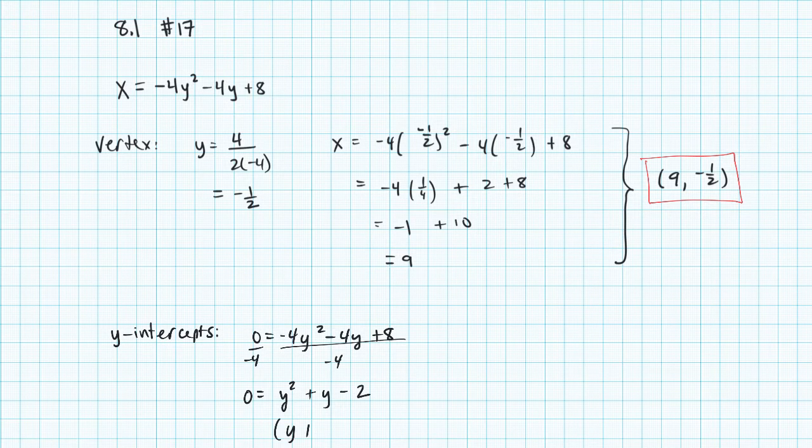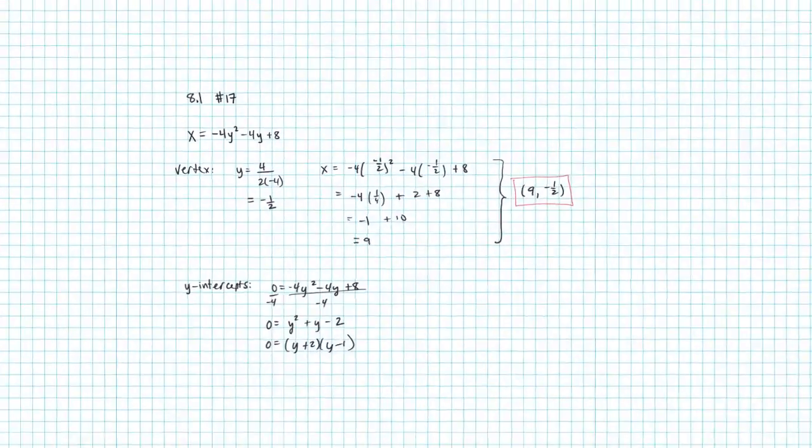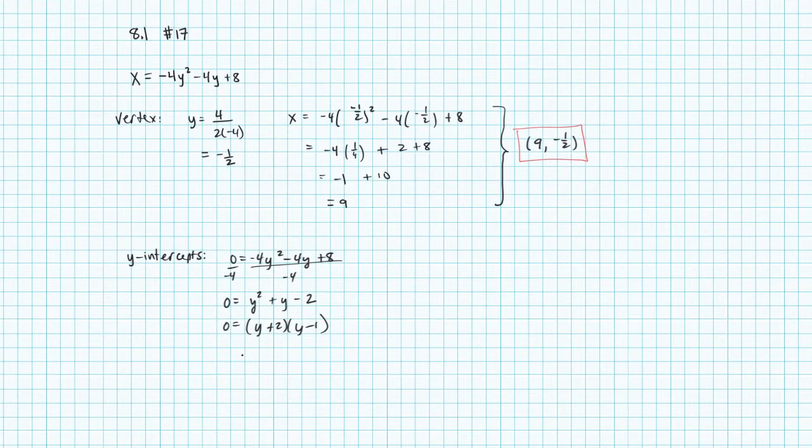And factoring that, we get that, let's see, y equals negative 2 and 1. So that means my y-intercepts are that x is 0 corresponds to a y of 1, and that x of 0 corresponds to a y of negative 2.